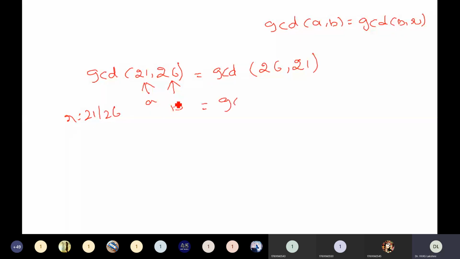Okay, next step. GCD of 26 and 21, what is the value of the remainder? Remainder is 5.